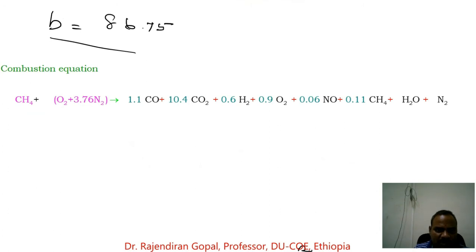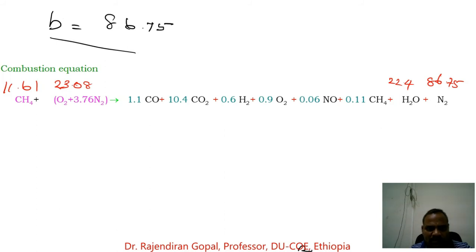Now the combustion equation becomes 11.61 kilomole of CH4, 23.08 amount of air to produce 1.1 CO, 10.4 CO2, 0.6 H2, 0.9 O2, 0.06 NO, 0.11 CH4 and 22.4 H2O, 86.75 N2.